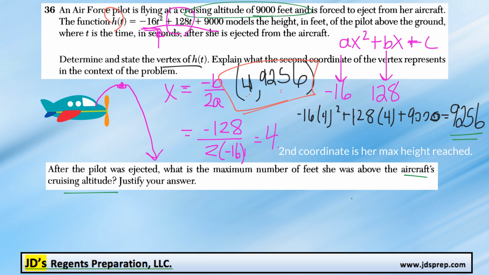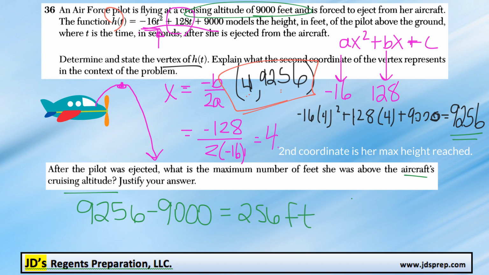So the difference between her maximum height reached and the cruising altitude will give us the distance from the time she was ejected to the maximum height, and that would get us 256 feet. So the maximum number of feet she was above the aircraft was 256 feet.